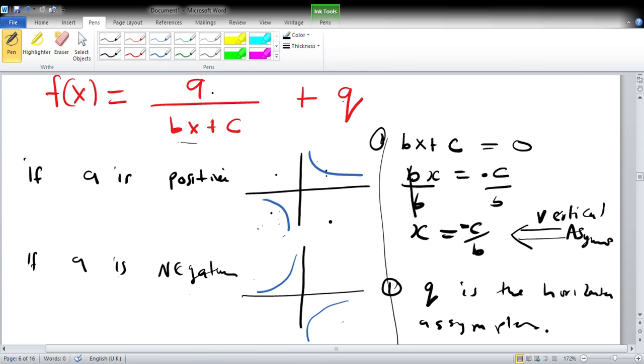So a tells you in which quadrants your graph should be facing. Bx plus c, the denominator, helps you find the vertical asymptote by equating it to 0. And this isolated value tells you the horizontal asymptote.